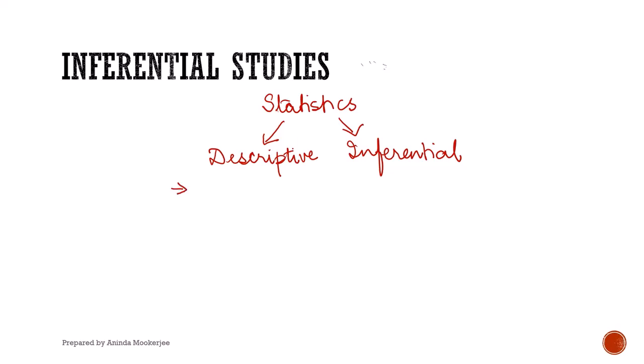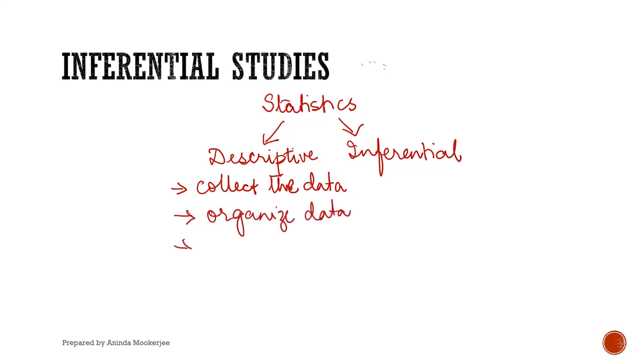The first is to collect the data that we are going to study for statistics, then we would have to organize the data, and then finally, after we organize our data, we take measurements on the data.